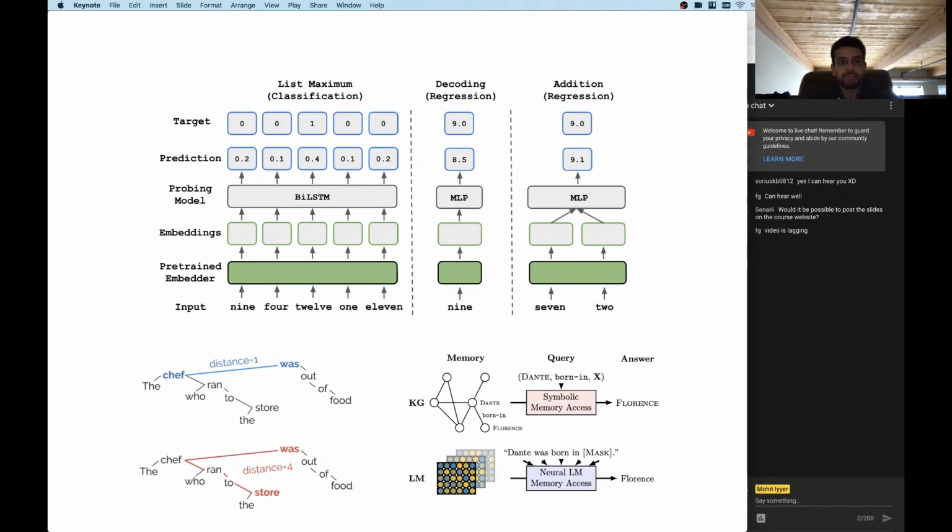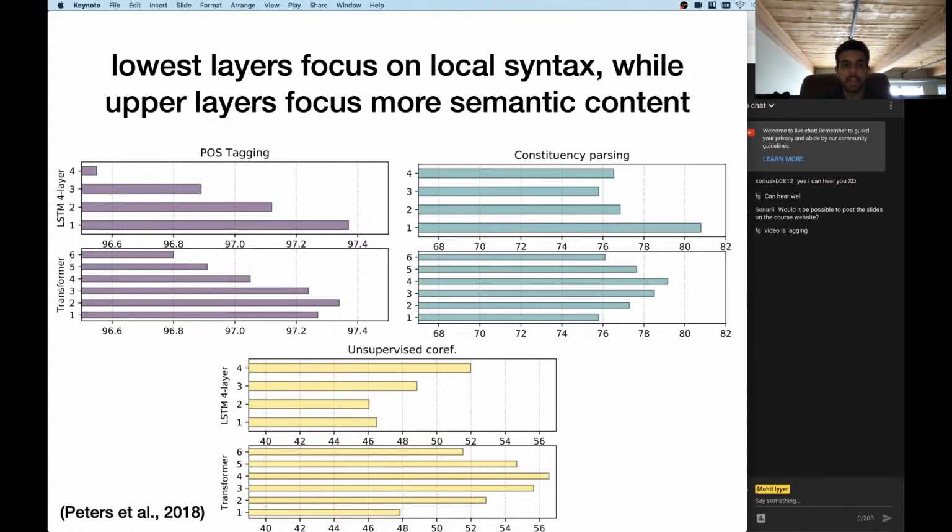So there are many different types of probe tasks that I've not covered that are maybe a little bit more interesting. We'll talk about arithmetic probing to see how much these models can understand numbers and numeracy. There are syntactic probes and also knowledge-related probes, so how much factual knowledge do they have?